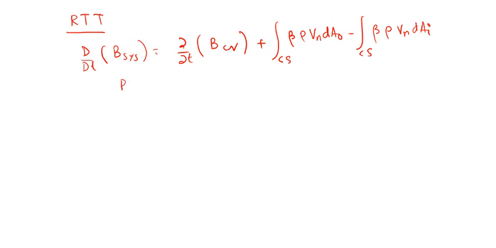Now for the conservation of energy, let us consider that B is the total energy of the system, B is E. If B is E, then what is beta? Beta is the specific total energy, that means the energy per unit mass, say small e, and you already know what this e consists of. It consists of kinetic energy, which per unit mass is V squared by 2, the potential energy per unit mass, g into z, and what else?